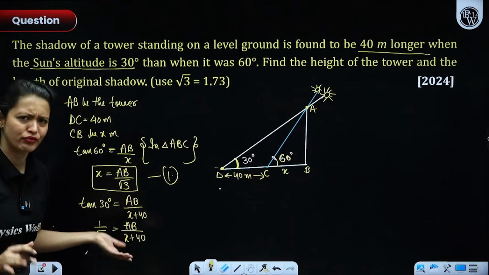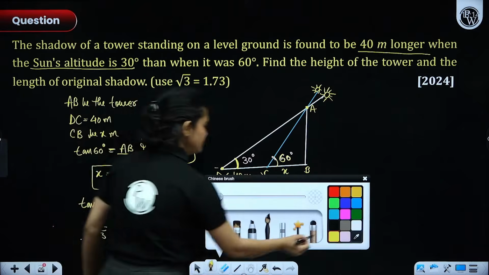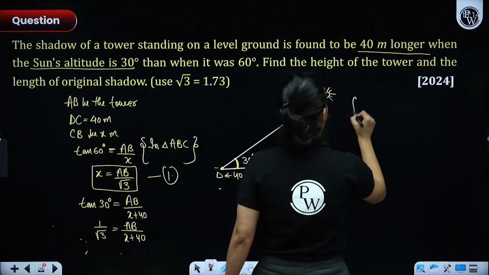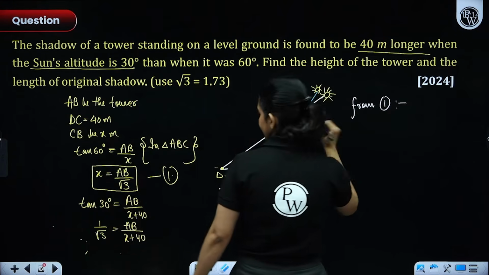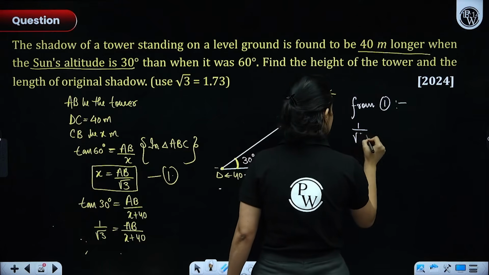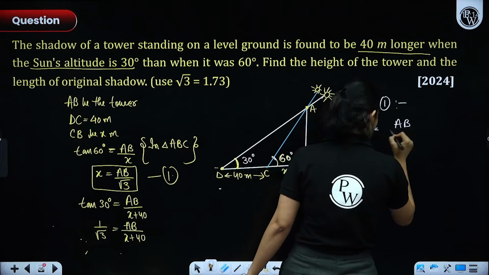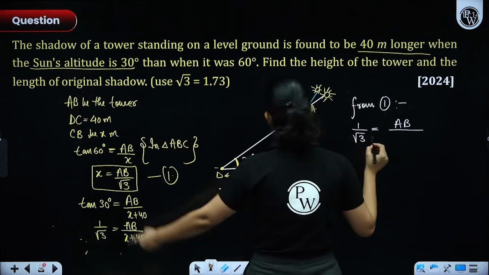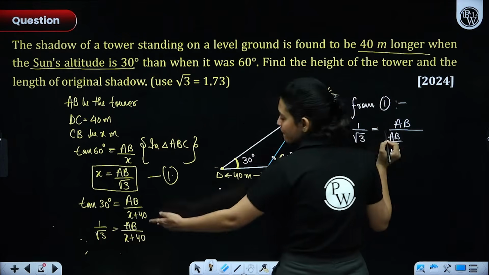I will not have to figure out the value of X. So from 1, I can take X and put it in: 1 by root 3 is equal to AB over, now in place of X I am writing AB by root 3, plus 40.